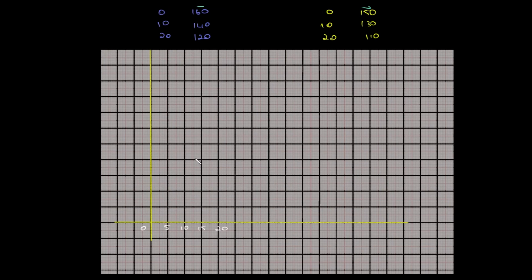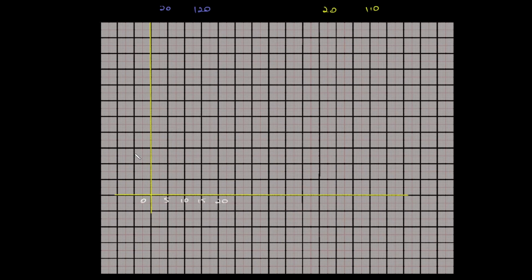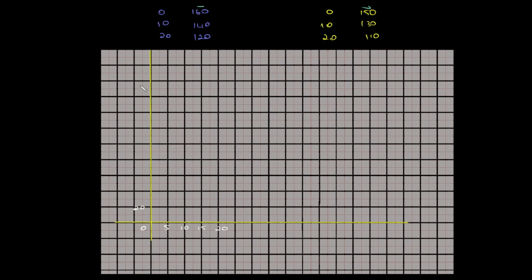Okay, so this is quite simple. When it comes to the y-axis, we have to be smart.